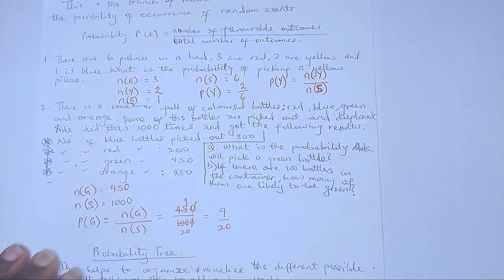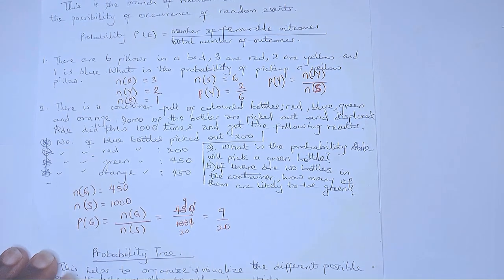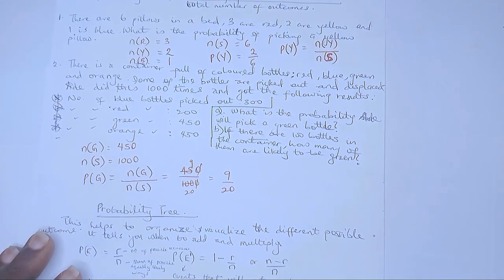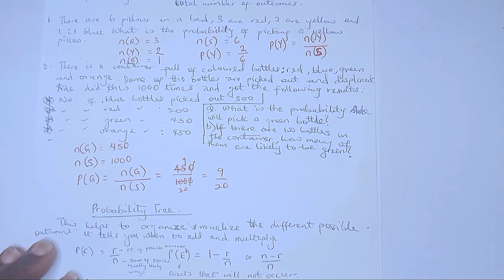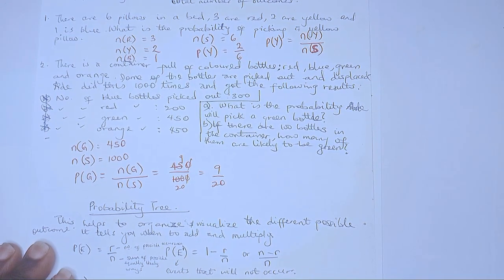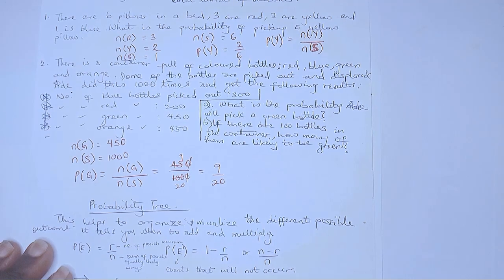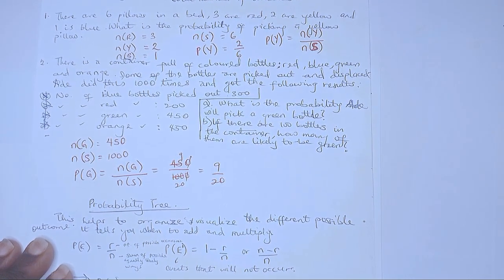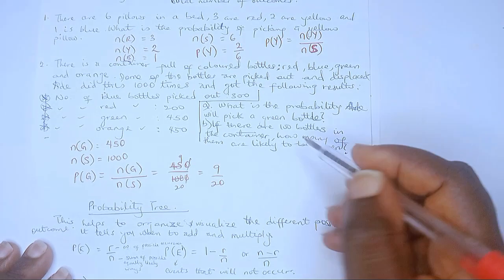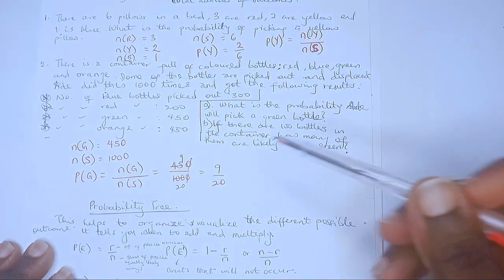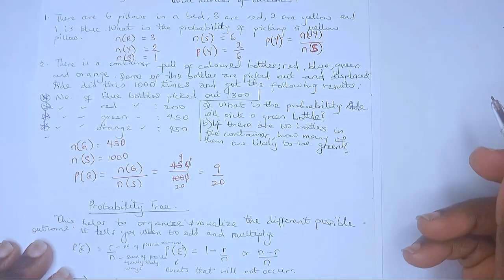Now the second part of the question says, if there are 100 bottles in the container, how many of them are likely to be green? Already we have 9/20 as the probability of getting a green bottle.